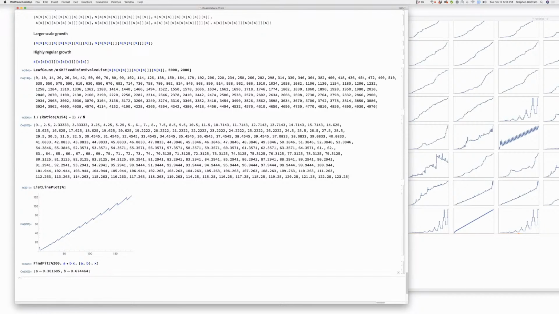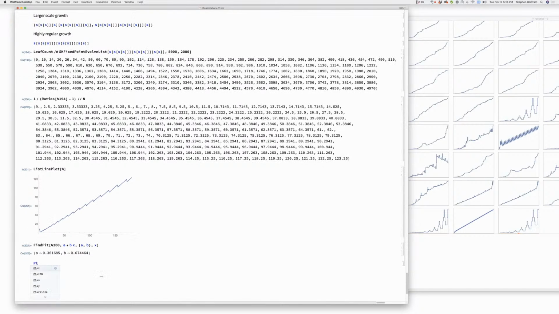Really? Okay, so let's take a look at that. So let's say plot. Let's just, for the hell of it, ignore the 0.67 there, and let's just say 0.3x, x from 0 to 150, and then let's say show that on top of the data.